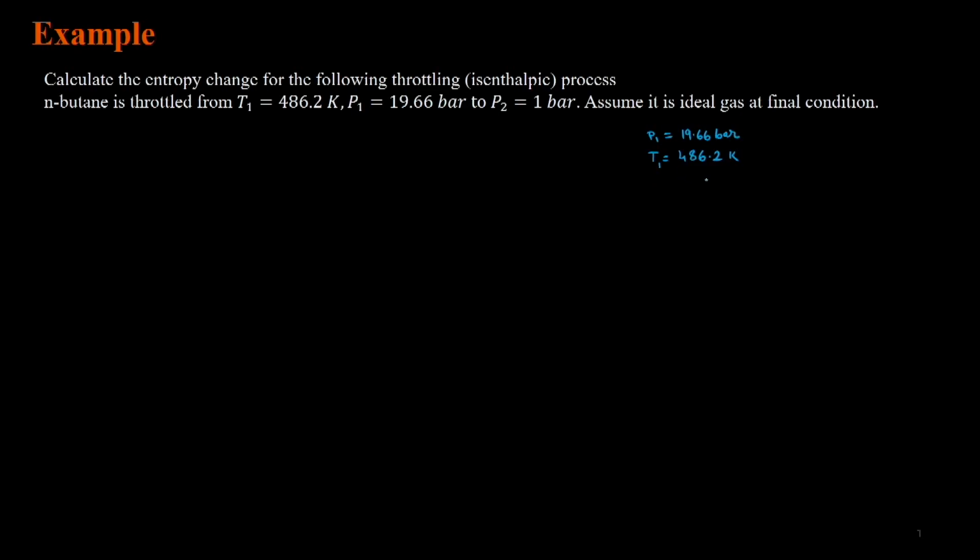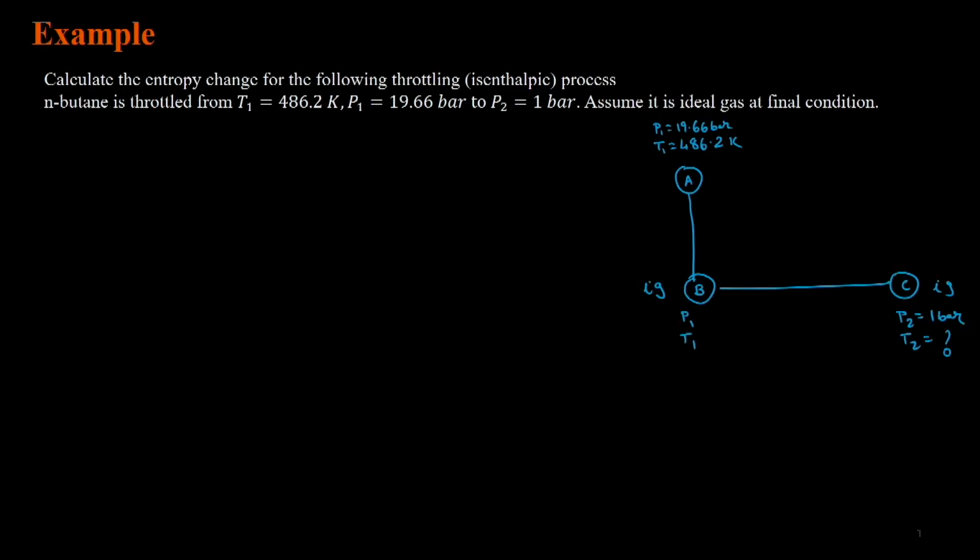So let's call this A. And my final condition is P2 equal to 1 bar. I do not know the temperature, but what I do know is that it is an ideal gas, right?